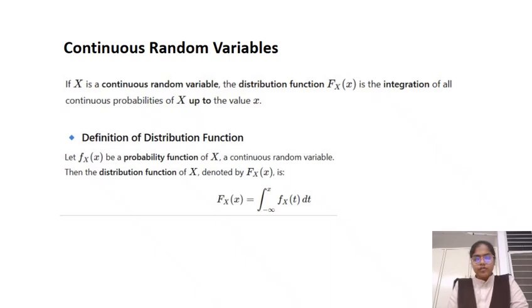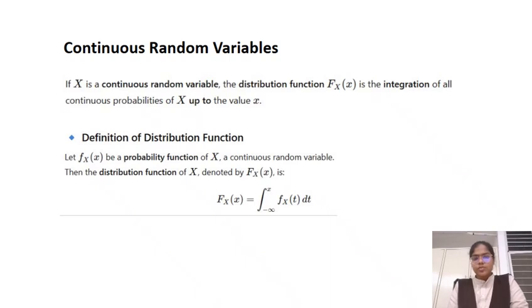Continuous random variables. If X is a continuous random variable, the distribution function F_X(x) is the integration of all continuous probabilities of x up to the value x. Definition of distribution function. Here the definition is, let f_X(x) be the probability function of X. Here X is a continuous random variable.